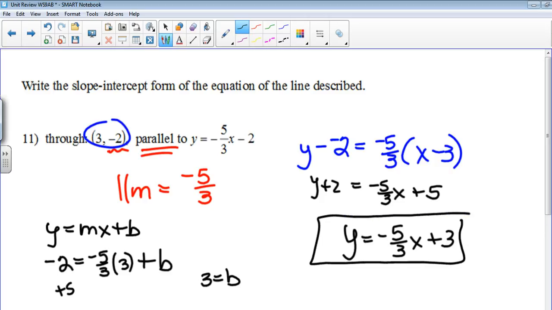Final answer in slope-intercept form, are we okay? Anybody stuck? I have negative 5/3 x plus 3. We're all good?